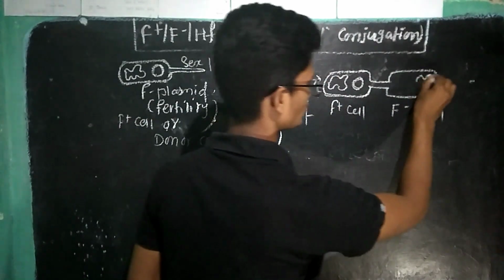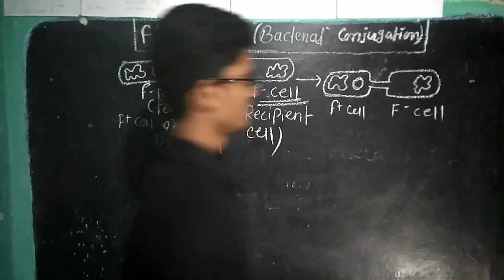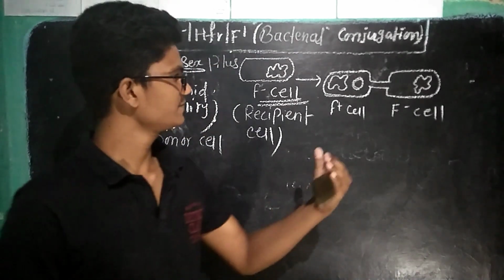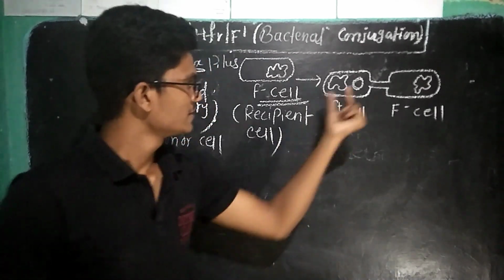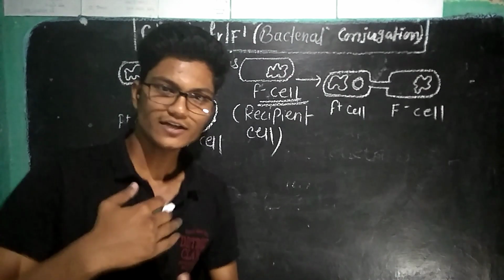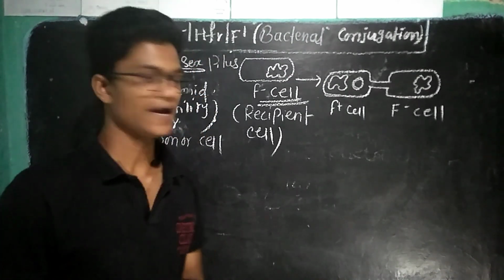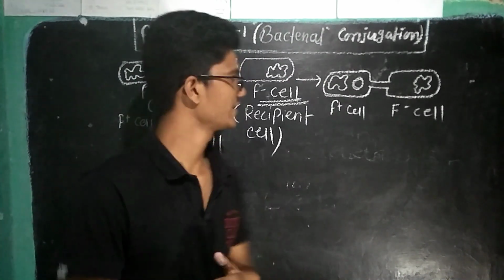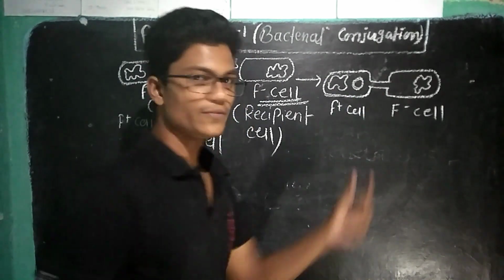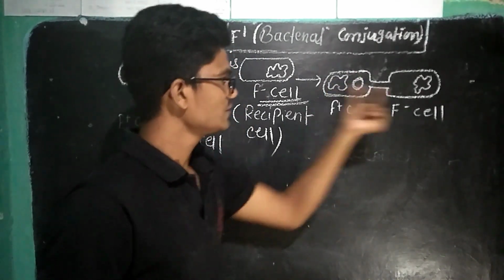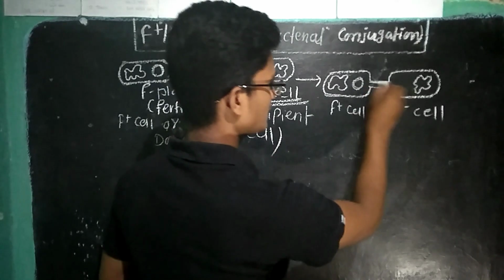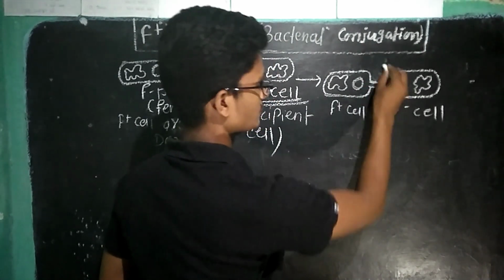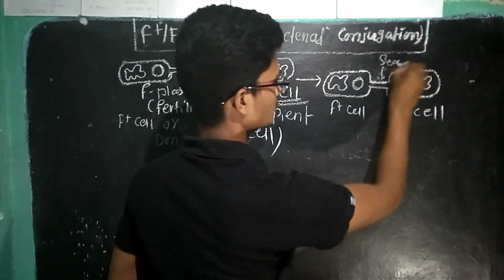This is the bacterial chromosome of the F minus cell. Now, in the next step, the F plasmid starts to replicate independently, producing another copy, and this copy of the F plasmid is transferred to the F minus cell through the sex pilus tube.